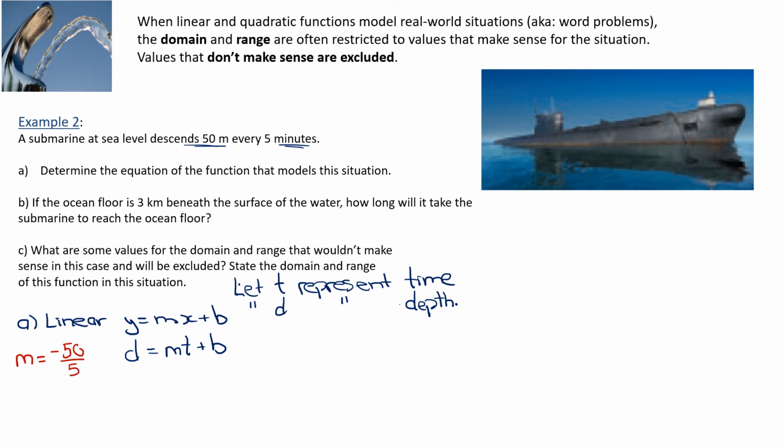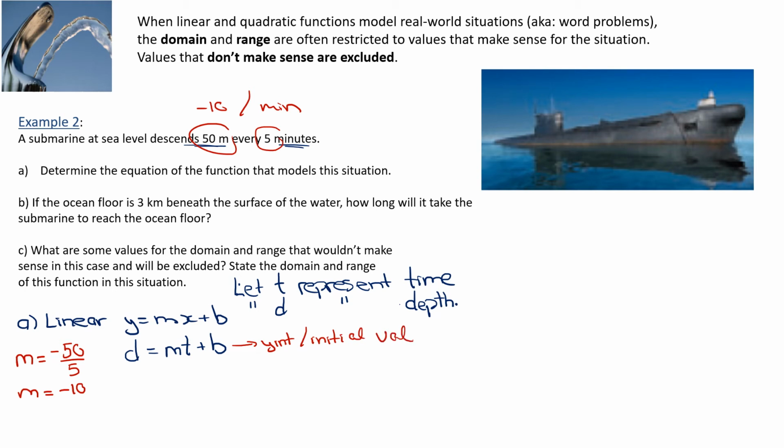That's what was in the question, so I'm just going to reduce that. So my m is equal to -10. If we're descending 50 meters every 5 minutes, then that means we're descending 10 meters per minute. So we can put a value in for m. And what about b? B is our y-intercept, or initial value.